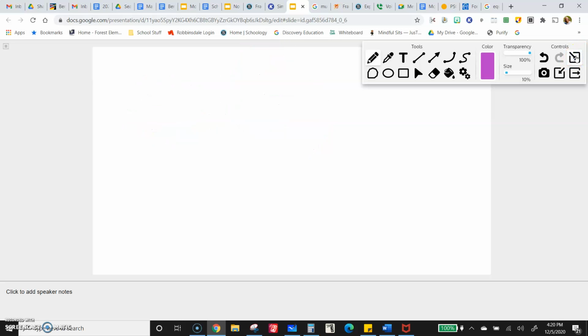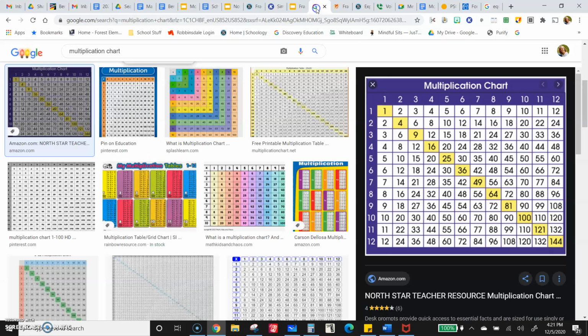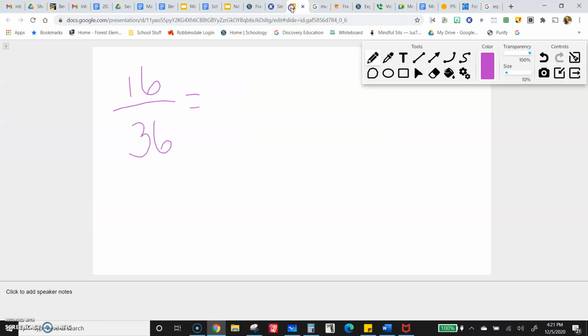All right, I got 2 more examples for you. 16/36, and then I'll tell you the code word. 16/36. Okay, where is that? Let's see. Okay, well, 16 is here. I think 36 would also be divisible by 2. But let's see if it's somewhere else actually on my chart. 16, 36. Okay, I can divide them both by 4. Divided by 4, divided by 4.